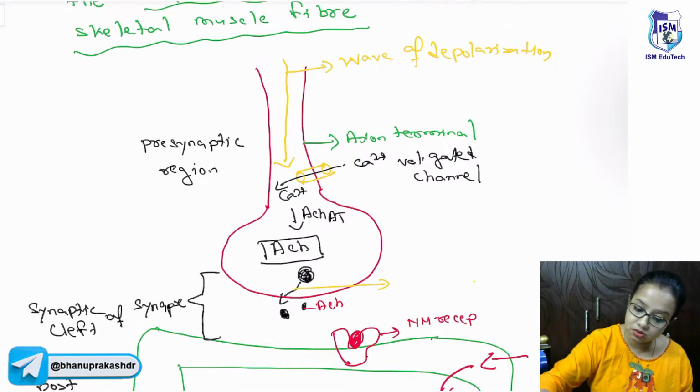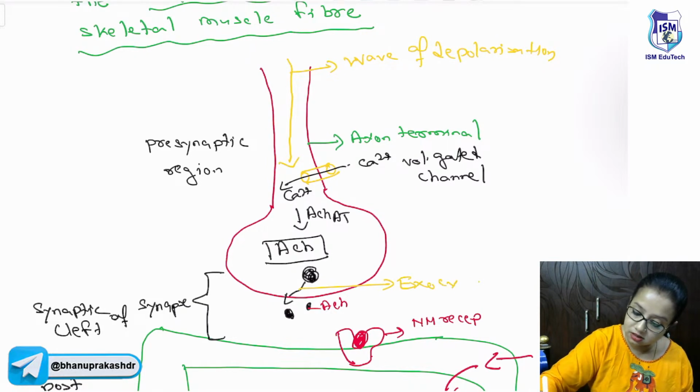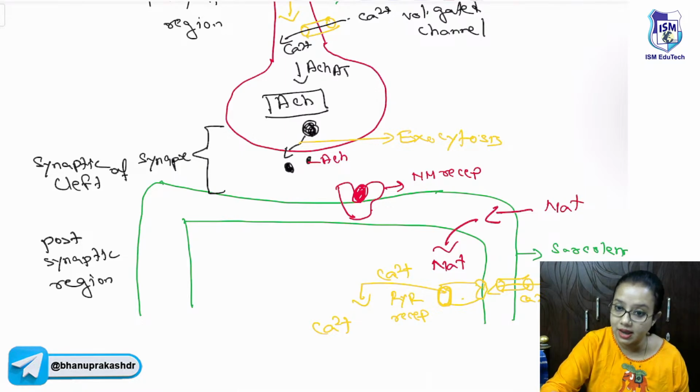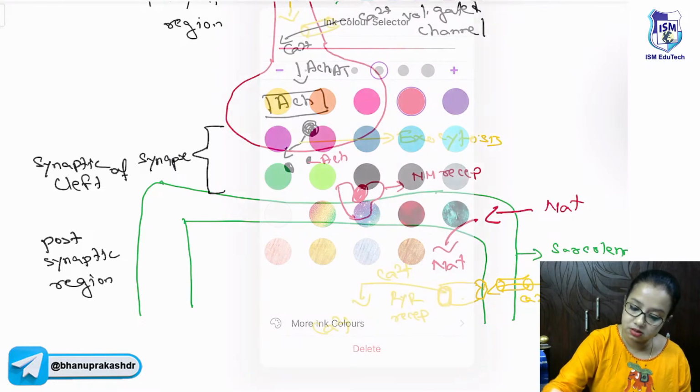So, by the process of exocytosis, this calcium-induced acetylcholine is released into the synaptic cleft. As soon as it is released into the synaptic cleft, it binds onto the NM receptor of the acetylcholine.